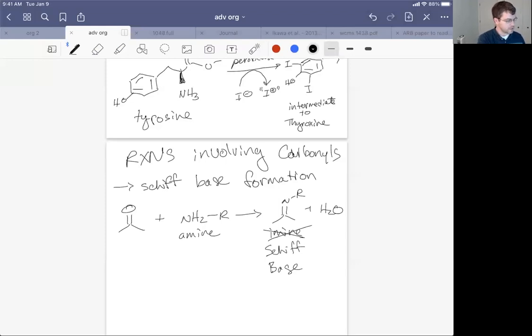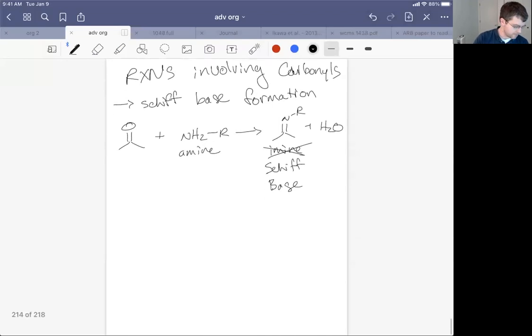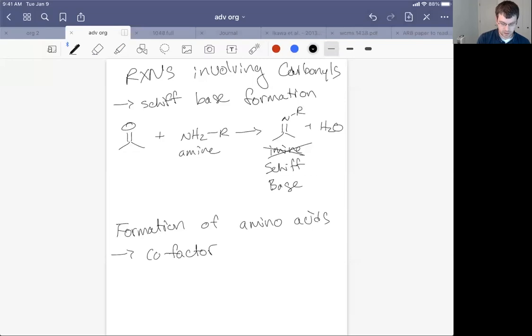Okay, so with that reaction in front of us, let's go ahead and talk about an important reaction for the formation of amino acids. Here, we're going to rely on enzymes that use the cofactor PLP.